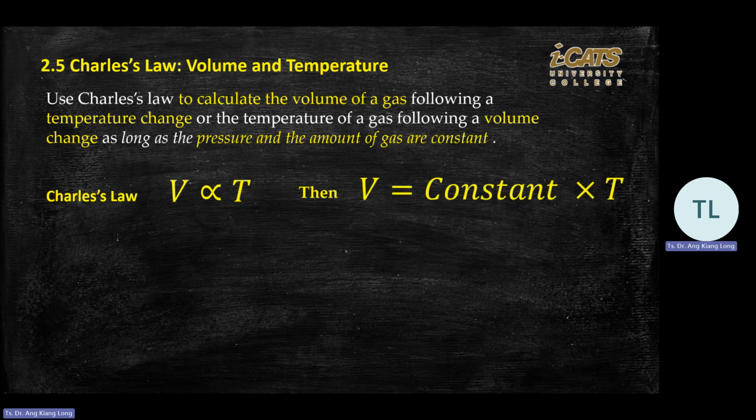So you convert the proportional sign into an equal sign. You need to put in a constant. Right? So if you have a constant, we always put the constant on the right-hand side. So from here, you generate another new equation, which is V divided by T equal to constant.